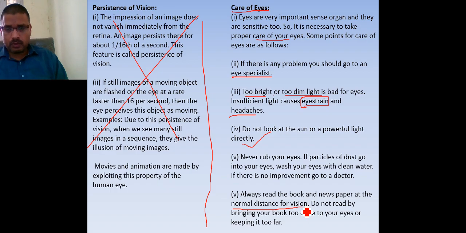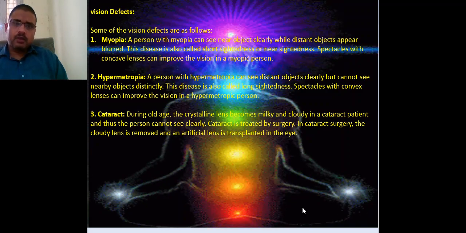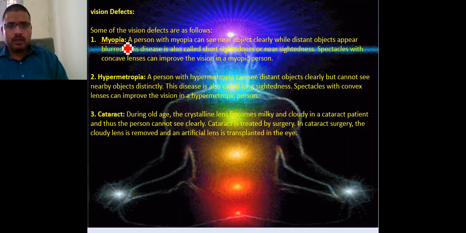There are also defects given. I just want to tell you, when there is myopia, this is not in your syllabus, but I have given it for your understanding. For making notes, this point is not required.